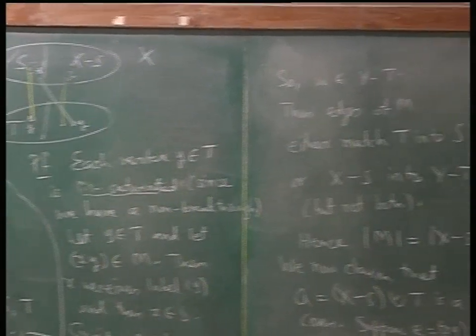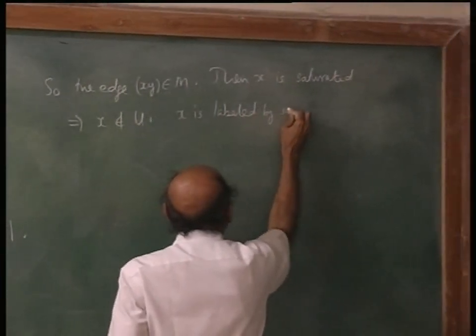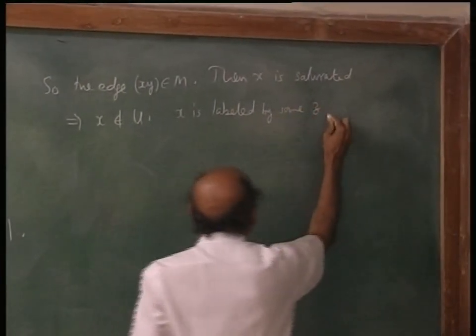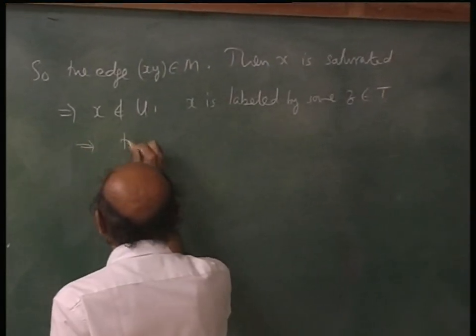X is labeled implies that the backward arc.